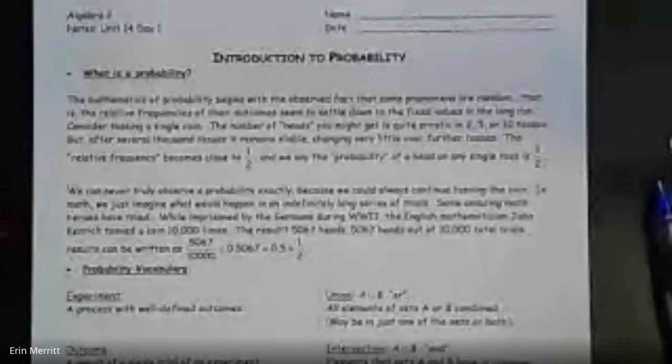All right. So this example says you can't trust observed probability exactly because there are going to be variations. So it says in math, we imagine what would happen if you were to do it over and over and over again. Some amazing math heroes have tried. While imprisoned by the Germans in World War II, an English mathematician, John Kerrich, tossed the coin 10,000 times.